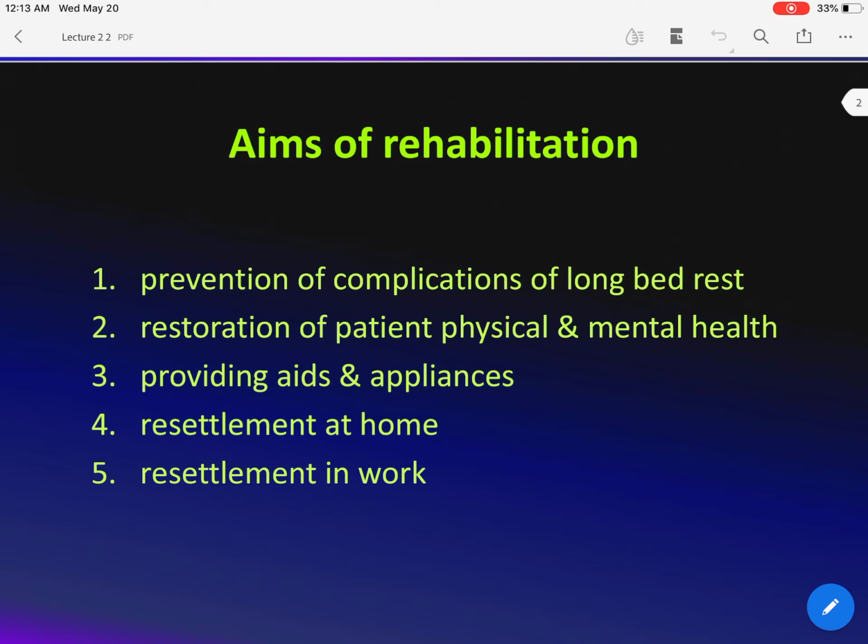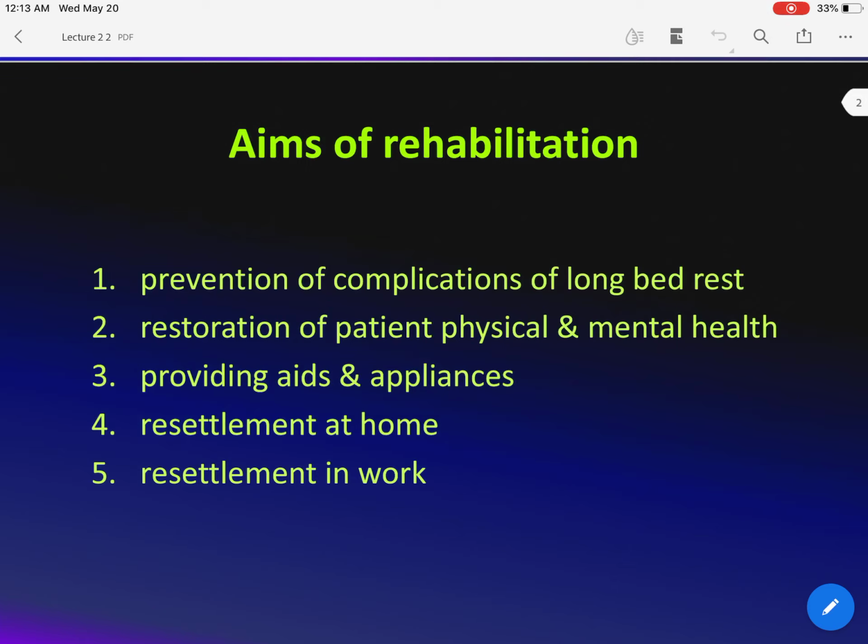With long bed rest, we must put in mind that the patient is immobilized. That means complications of immobilization. And the main thing which is well known maybe for you is bed sores, urinary tract infections, bone osteoporosis, and others. The first aim is prevention.